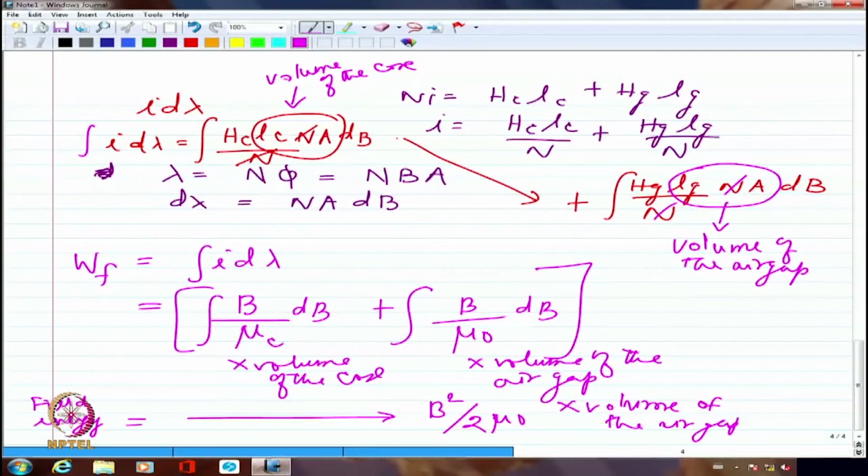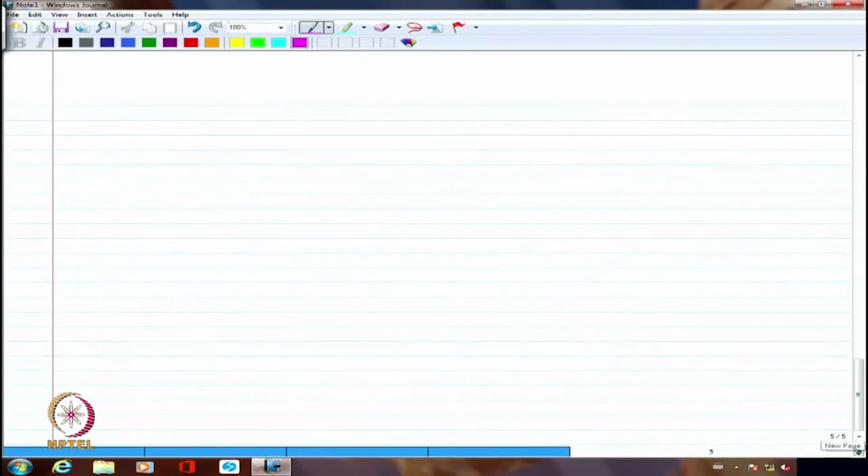So now that we have the expression for this field energy, I am going to introduce one more term called co-energy, which doesn't have any physical significance, but we are going to use that co-energy also. So let us look at what co-energy is.